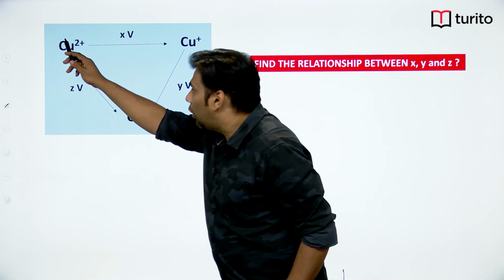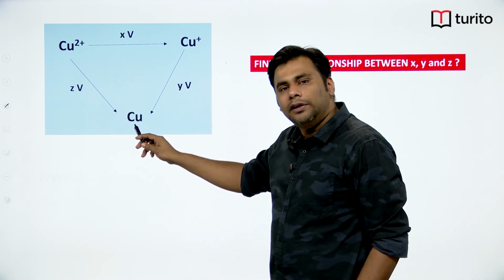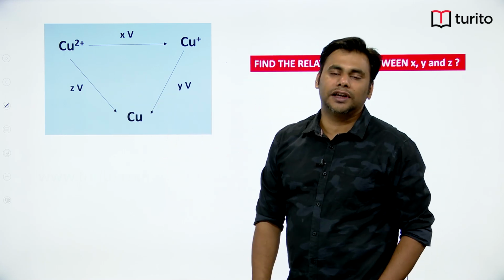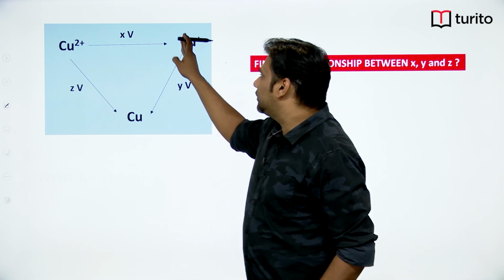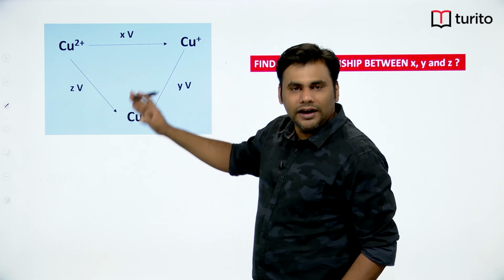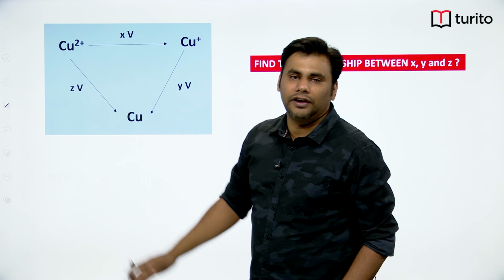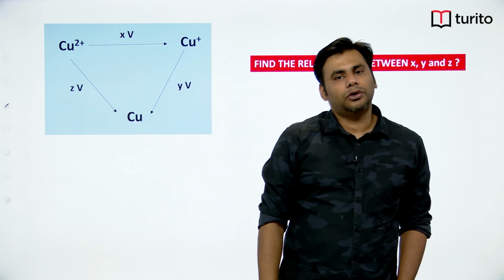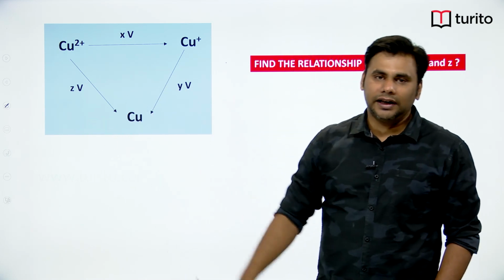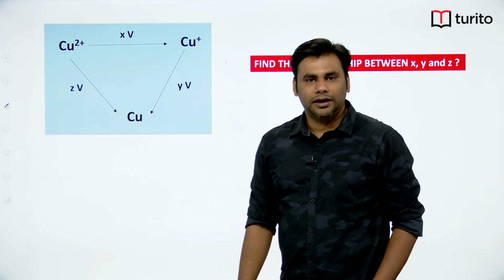Copper 2 plus can also directly change into copper, and its reduction potential is Z volt. So you can see that the different oxidation states of copper, or any metal showing variable oxidation states, are connected with their standard electrode potentials. The diagram representing it is called a Latimer diagram.